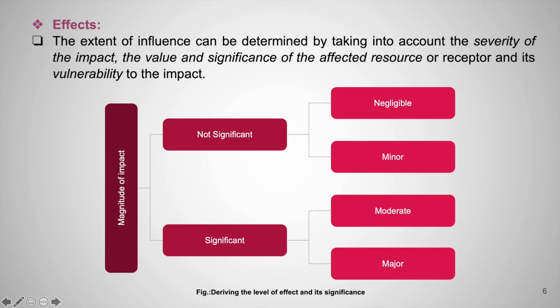This concept is made clear in this diagram. As we can see, a degree of effect of moderate or more would usually be deemed to be a major effect. A degree of effect of minor or less would be called not significant.